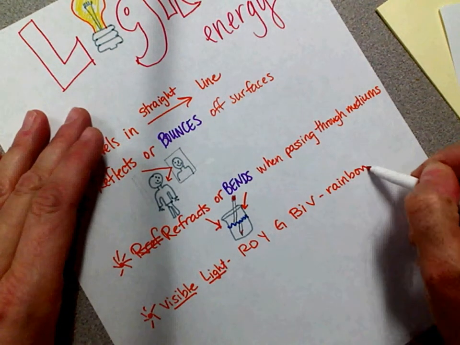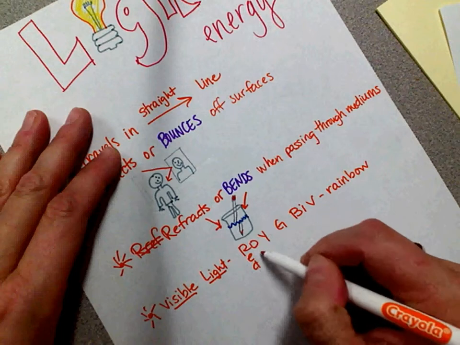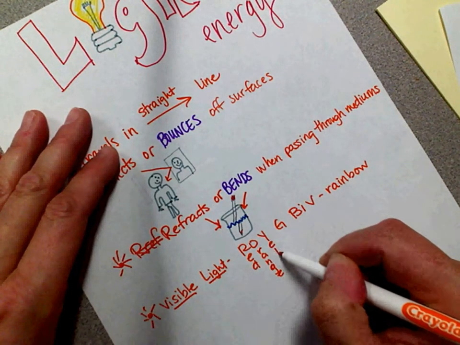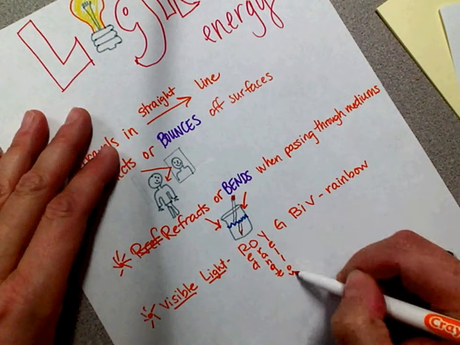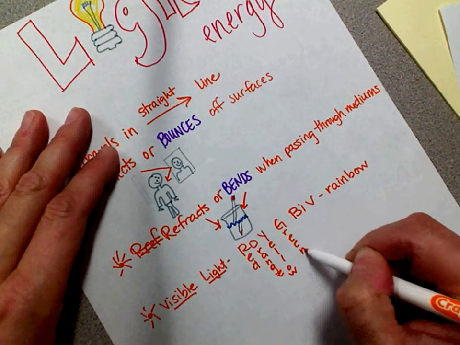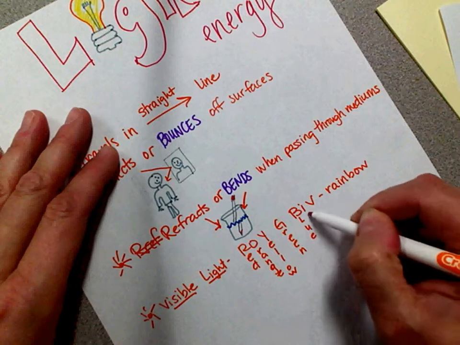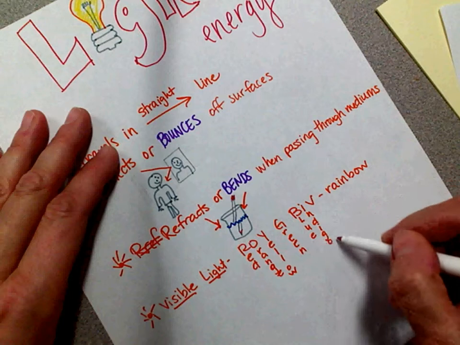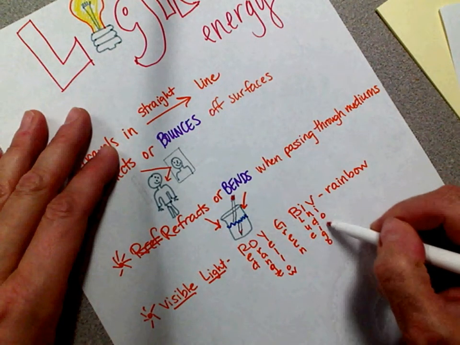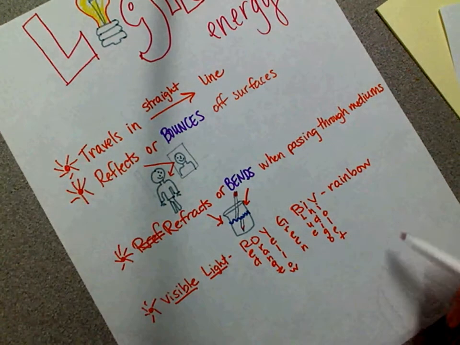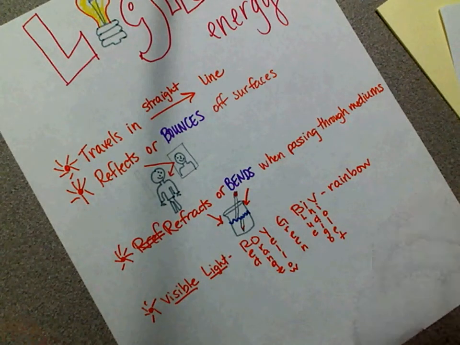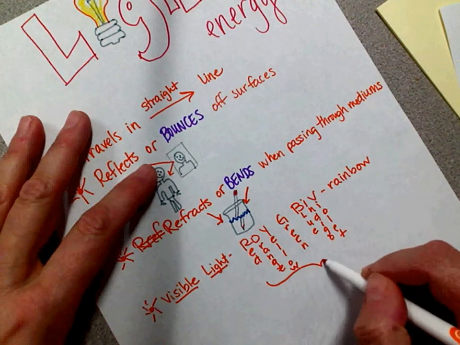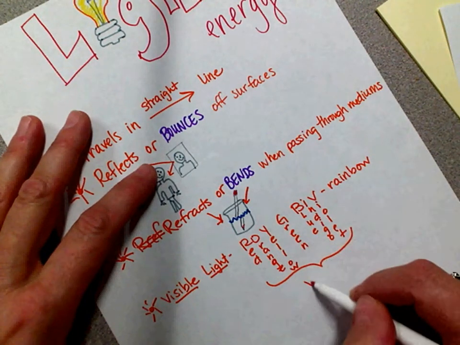So we have red, orange, yellow, green, blue, indigo, which is kind of a mixture of blue and violet, and then we have violet. Okay, that's called our visible light. When all of these are mixed together, this is white light.